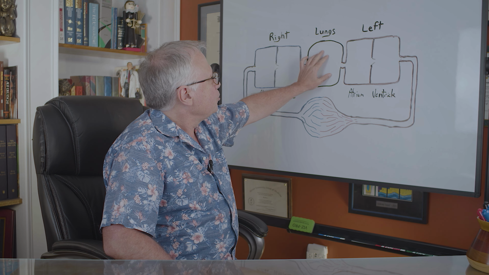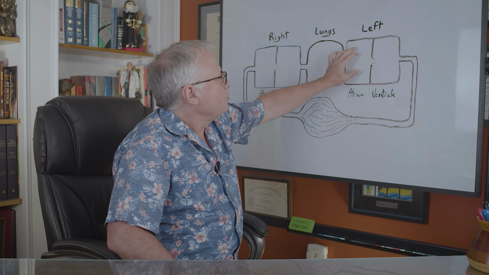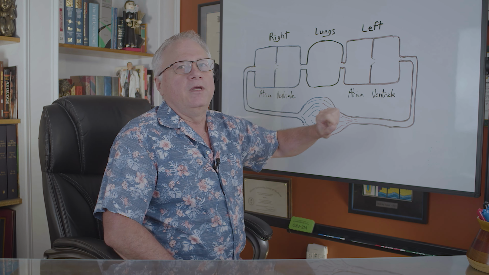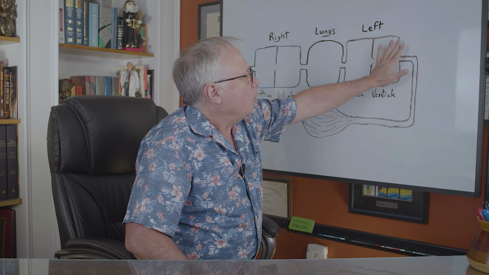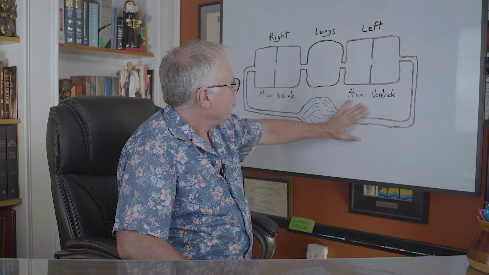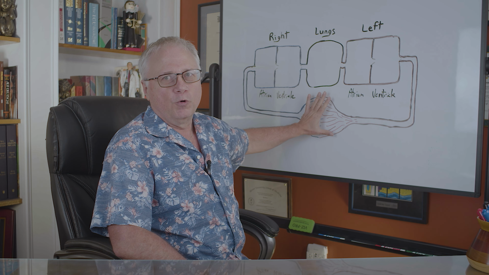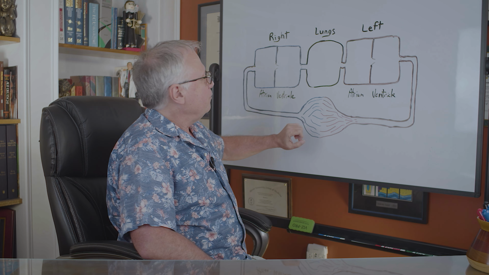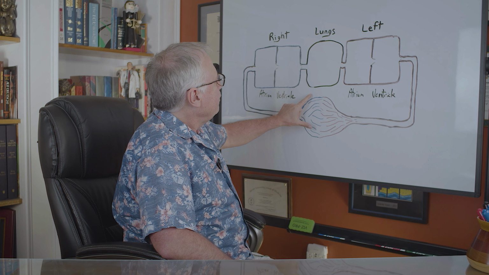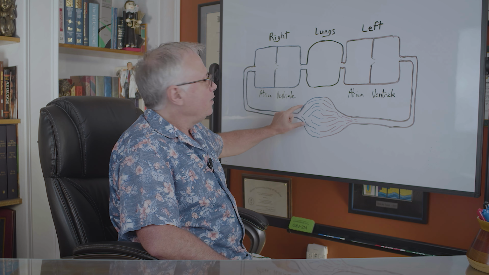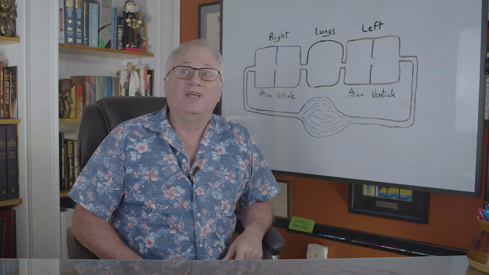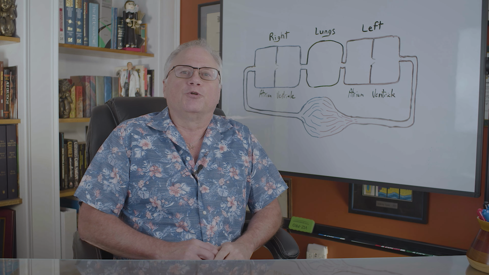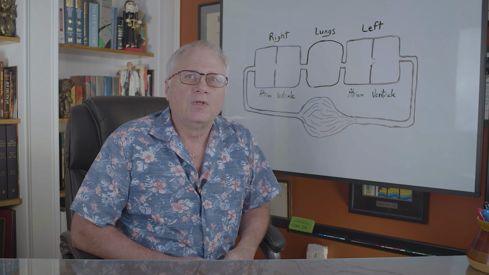And then the oxygenated blood goes from your lungs to the left side of your heart, and the left side of your heart is going to pump blood out of your arteries, and you're going to oxygenate all of your organs and tissues. And then that deoxygenated blood is collected in your veins, and it returns back to the right side of the heart, and we do it all again. In a nutshell, that's your cardiovascular system.